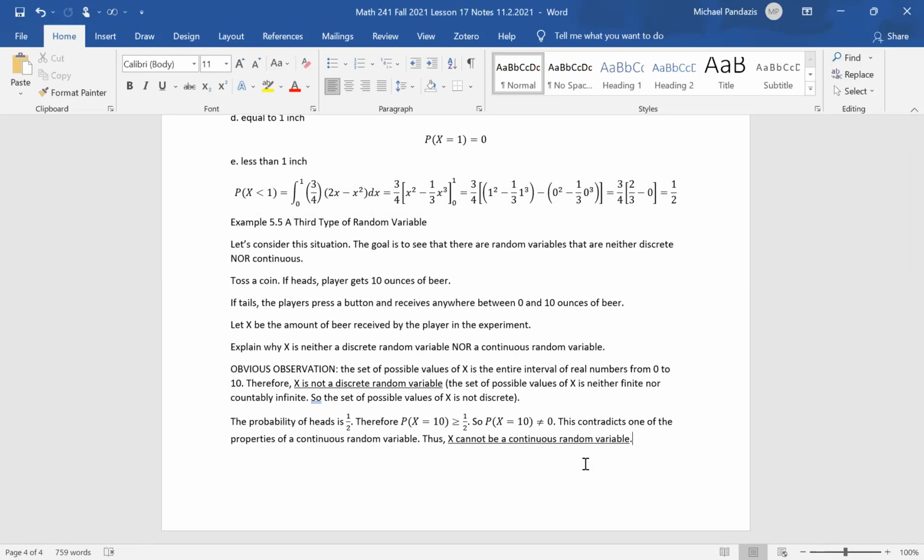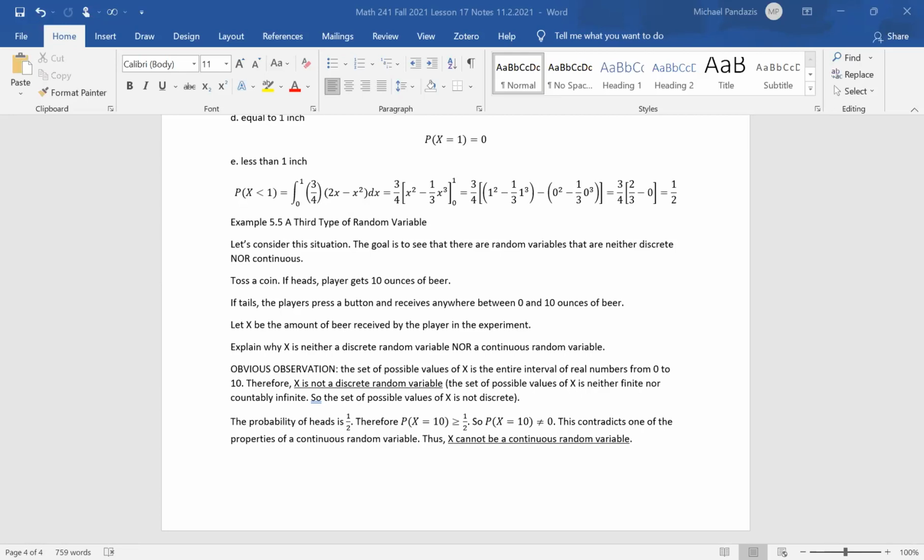But before you go, I have a question. If X is continuous, the probability of X equals 10 is equal to 0.